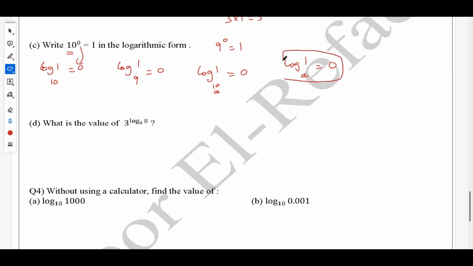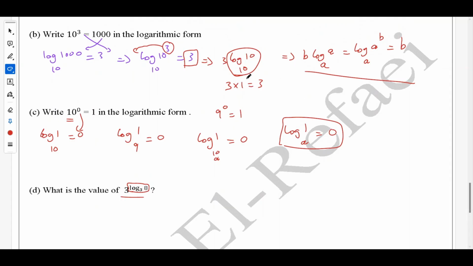Third rule. What is the value of 3 to the power log 8 to the base 3? Look, this is a power, not a coefficient. This was 3 times log 10 to the base 10.